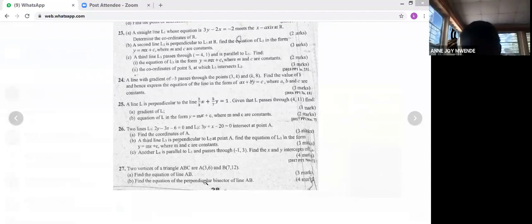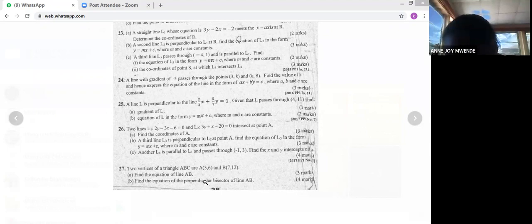Very good. Now, that is the line that is cutting the y-axis and the x-axis. When the line is cutting the y-axis, the x value is 0, so you substitute x equals 0 in that equation to get the value of y. Even if you are not substituting, when the line is written in the form y equals mx plus c, c is the y-intercept.